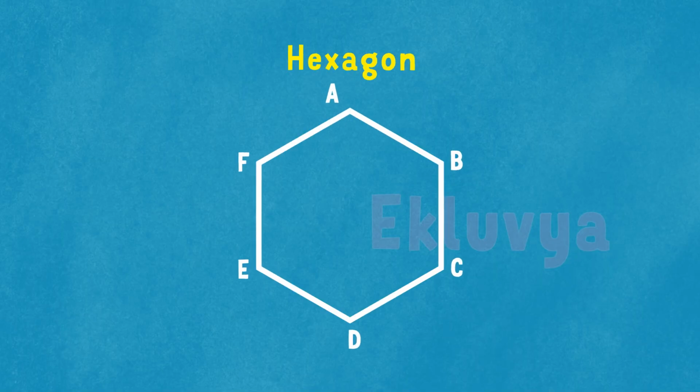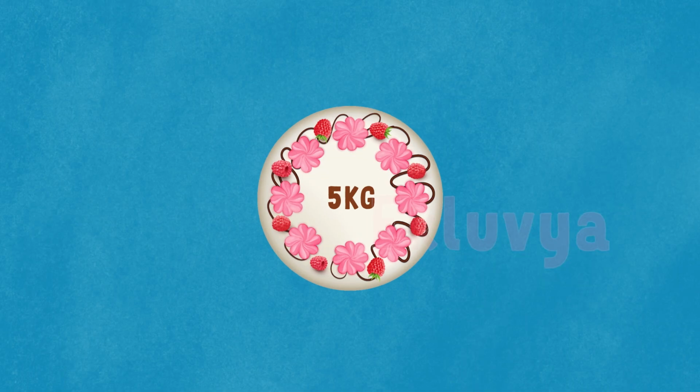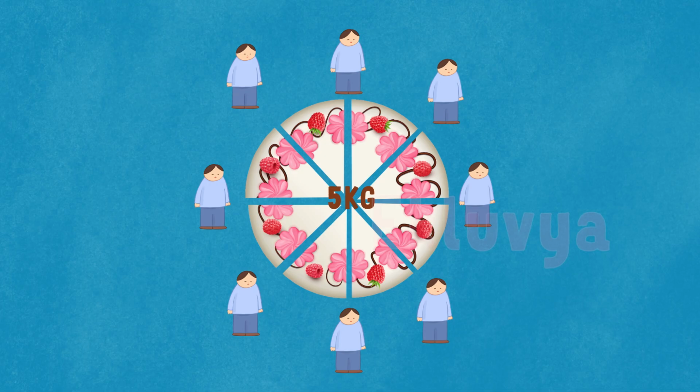Now, here is the interesting part. In a regular polygon, like our regular hexagon, each interior angle is equal. This means we divide our total 720 degrees equally among 6 angles. Just like how if we had a total of 5 kg cake for our birthday, we divide it among 8 people equally, each will get the total cake divided by the total number of people.